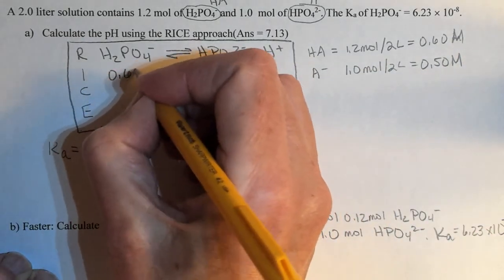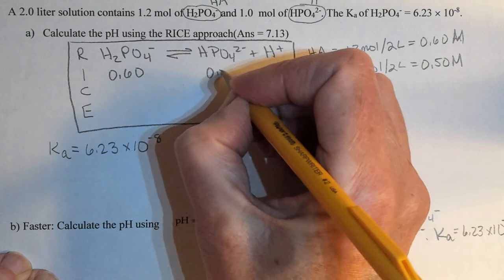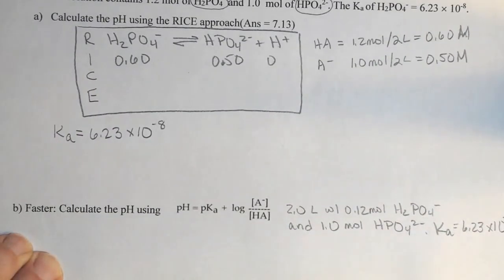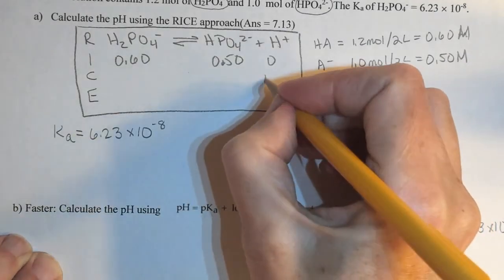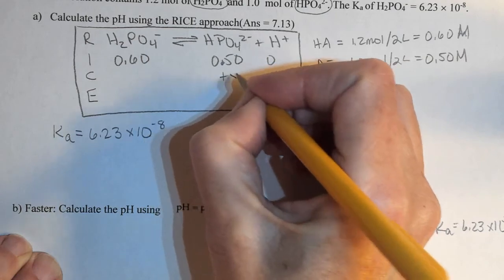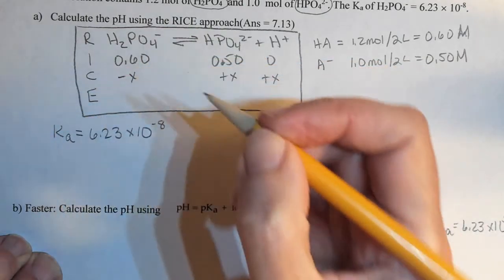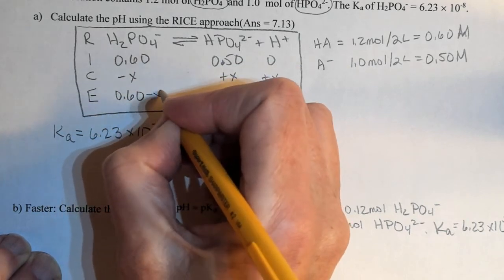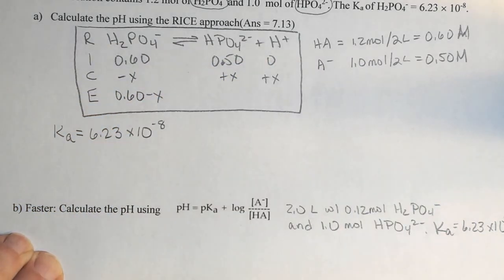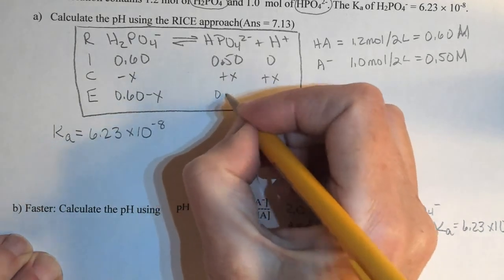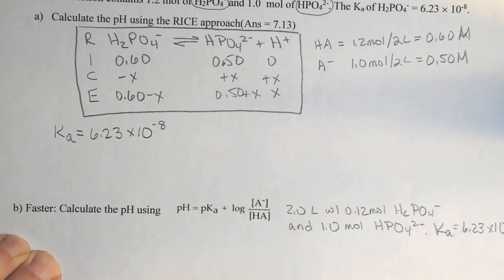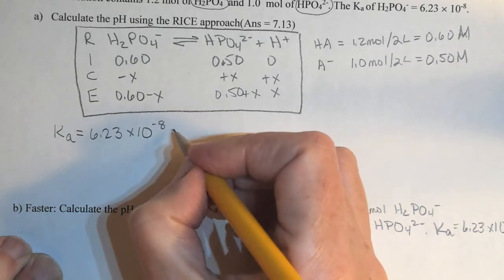So we put those values in. We have 0.60, 0.50. Initially, we have none of the hydrogen ion concentration. We're going to be adding hydrogen ion, losing our reactant. We'll have 0.60 minus X, 0.50 plus X, and X. We're going to assume that X is very small.